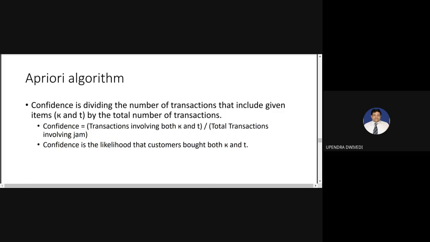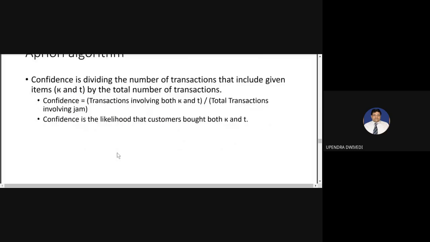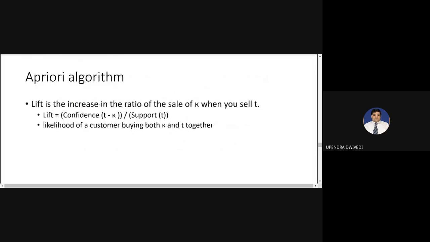So when we want to find the likelihood of any item when the customer is buying K and T, we can calculate it using the confidence. Now the next term is lift, and lift is the increase in the sale ratio of K when you sell T. Suppose you are selling item T, then what is the sale ratio of K when you are selling T?